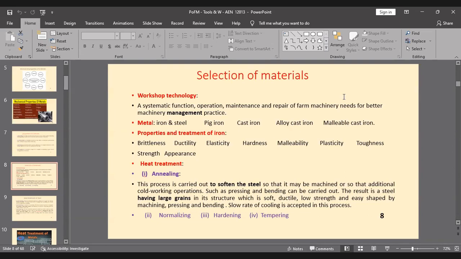Then we have another one, annealing. Annealing means we are doing heat treatment, and at the same time we get softening of metal. That is a very important area. We are doing heating, but the result is softening of metal.